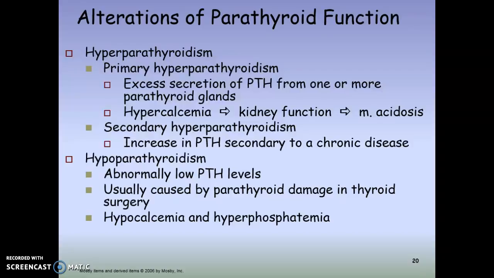And so you can develop muscle spasms, hyperreflexia, seizures, and in very rare cases, you can actually have death. So one important thing to remember from this slide is the inverse relationship between hypocalcemia and hyperphosphatemia.